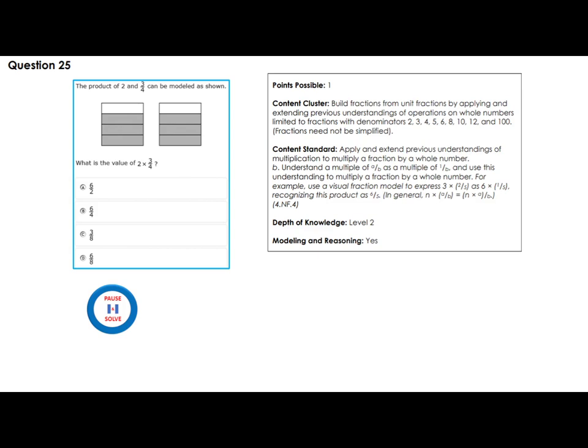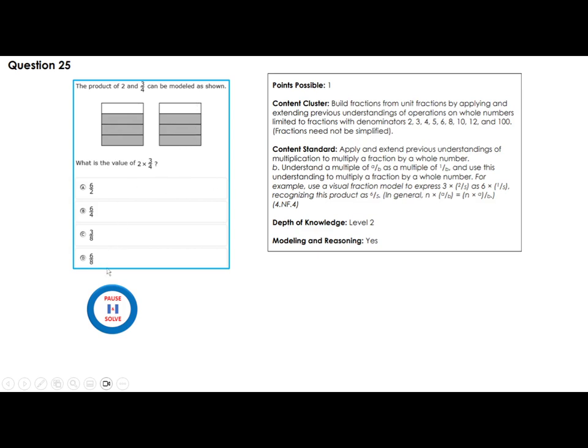The product of 2 and 3/4 can be modeled as shown. Now, product means multiplication, multiplication of 2 and 3 over 4. What is the value of 2 times 3 over 4? So, you have here 1, 2, 3, 4, 5, 6. That's 6 over 4.